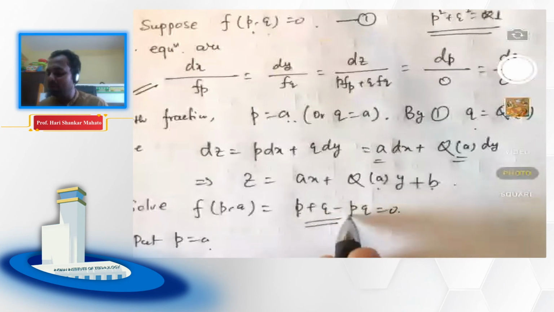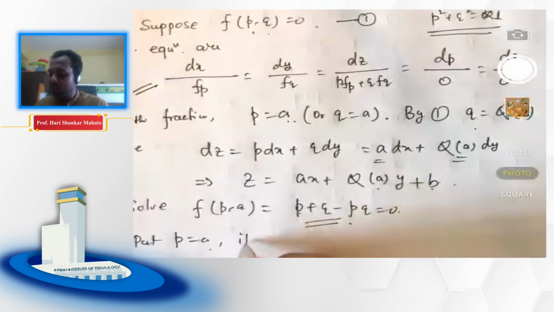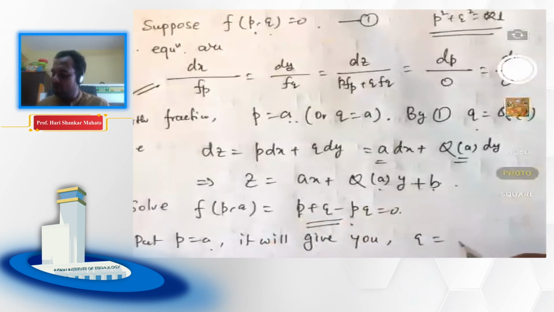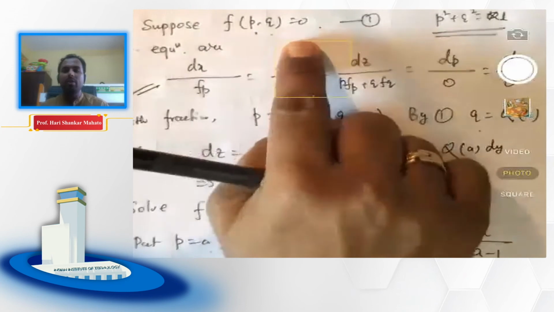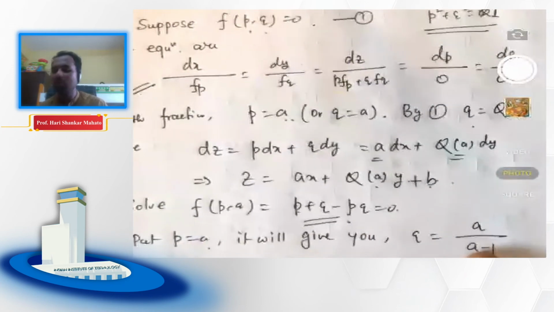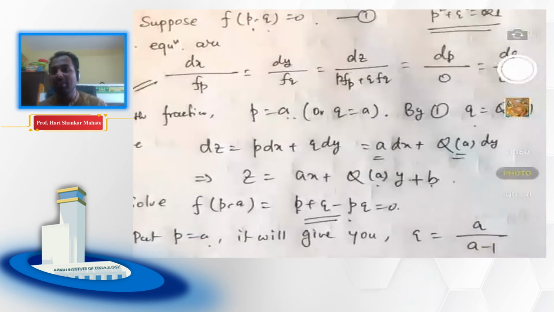The minute you put p equals to a, it will give you q is equal to a by a minus 1. This is falling under this category. So that means I know my p will be a constant. And using that value of p, your q will also be a constant involving the same a.